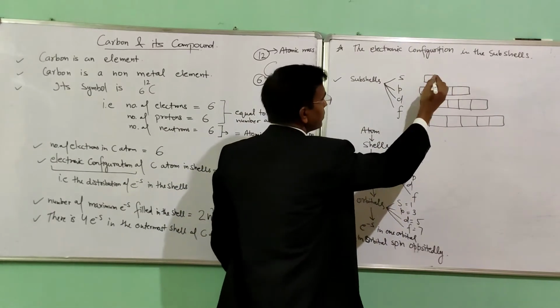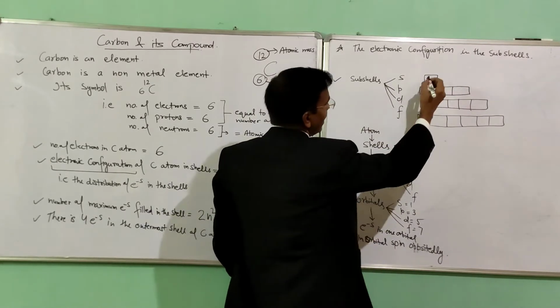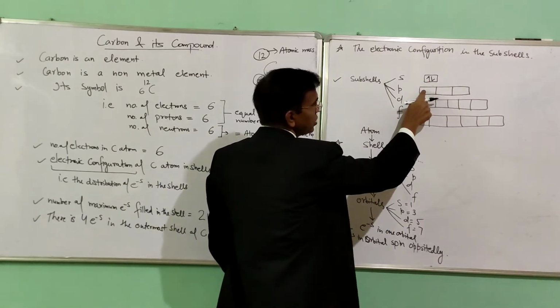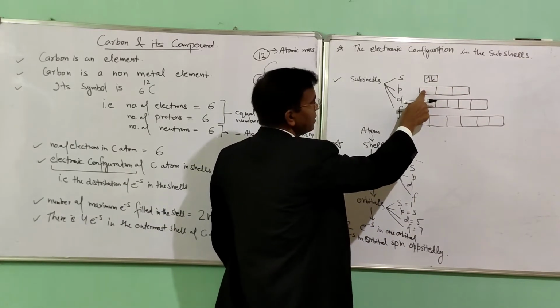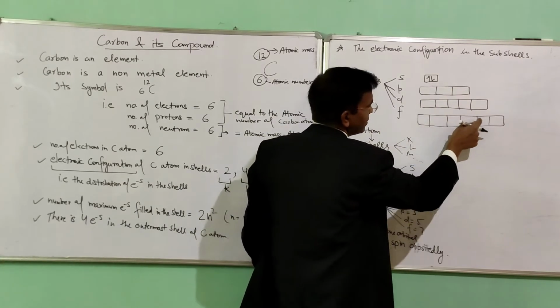If you see this, one electron is in this direction and the other one is in this direction, like this. So each orbital has two electrons spinning oppositely.